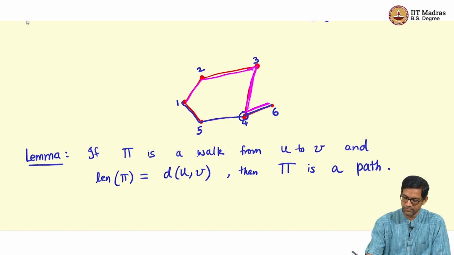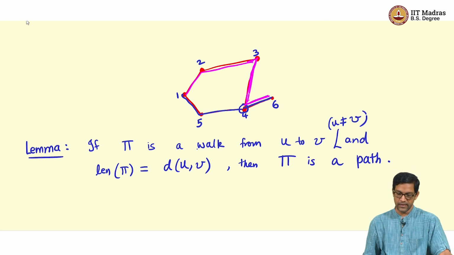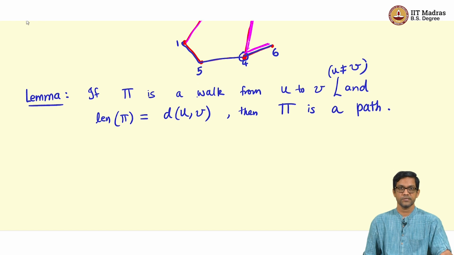I am assuming u and v are 2 distinct vertices. So, I take 2 distinct vertices in my graph and join them by a walk of least length. Then I claim that this walk is in fact a path.